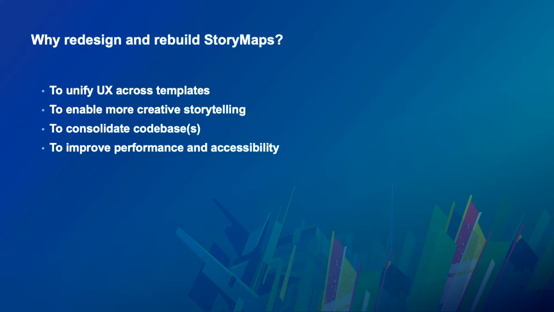And so by creating a single mega code base for the entire StoryMaps platform, we're essentially lowering the cost of pushing out updates, which means that we'll be able to deliver updates and introduce new features with a much more regular and quicker cadence than we have been historically, which is really exciting for us. But we think it'll also be really exciting for the end users who will be able to see these new updates and new features much more rapidly than they currently do.